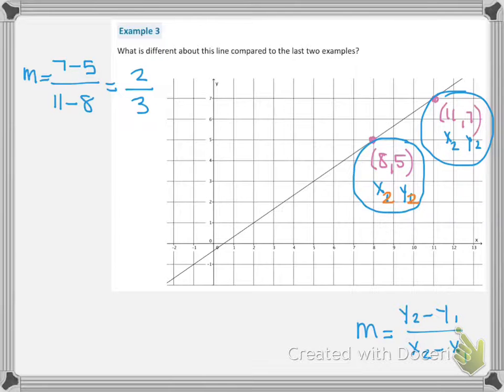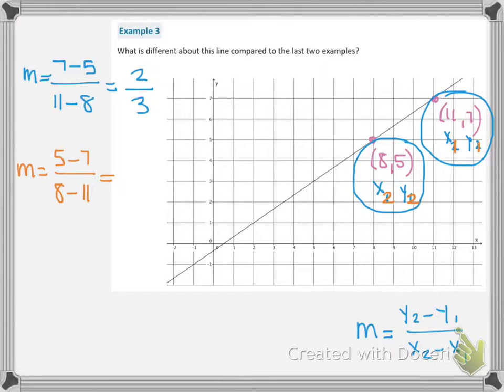Okay, let's switch this around now, and call the 8, 5 point my x2 and y2, and the 11, 7 point my x1 and y1. We'll flip that around and see if we get the same slope. Slope equals, well, now my y2 is 5 and my y1 is 7, so it's 5 minus 7. Then my x2 is 8 and my x1 is 11, so it's 8 minus 11.